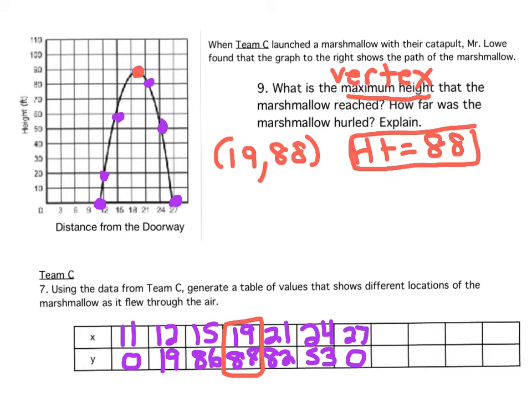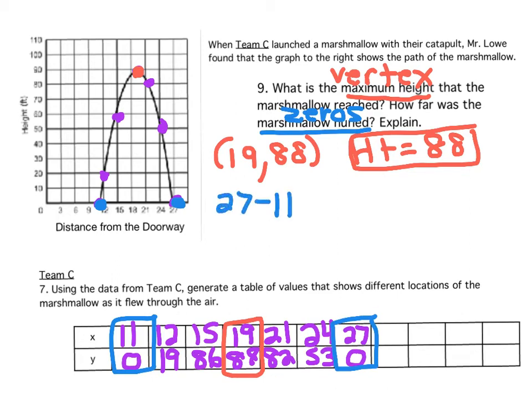When it's asking us for how far it's been hurled, remember that that is comparing the distance between our zeros. So we said our zeros were approximately 11 and 27. So if we subtract our difference, we're going to get that it was hurled about 16 feet.